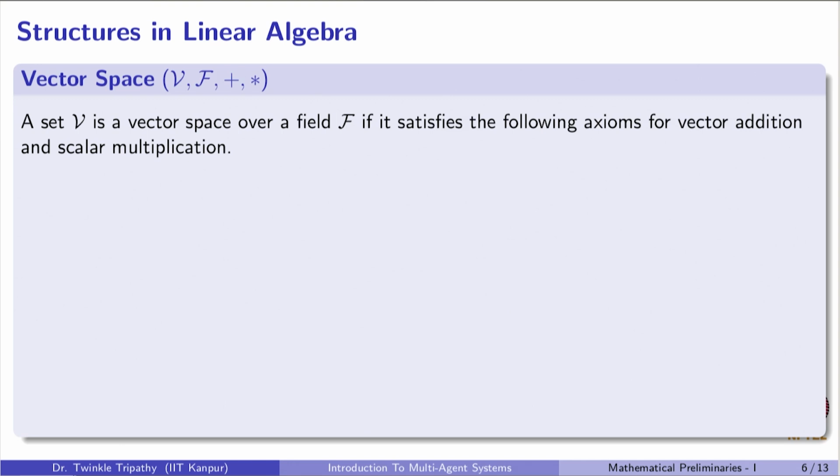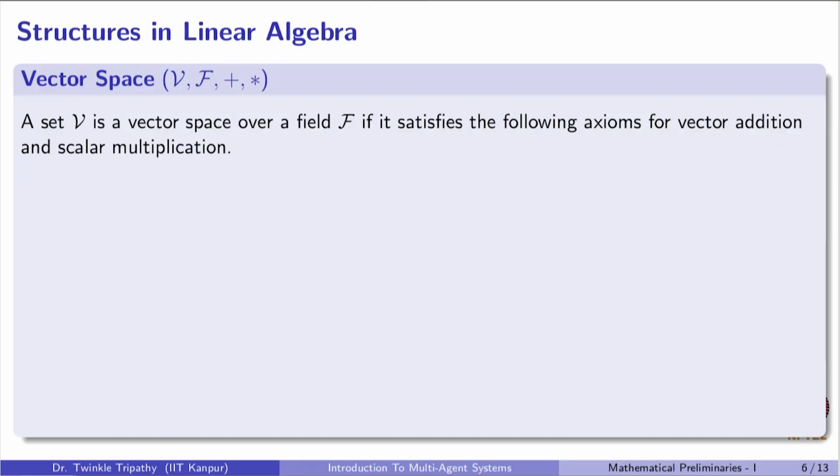Now, the vector space is actually a set of vectors which are generally defined over a field F.